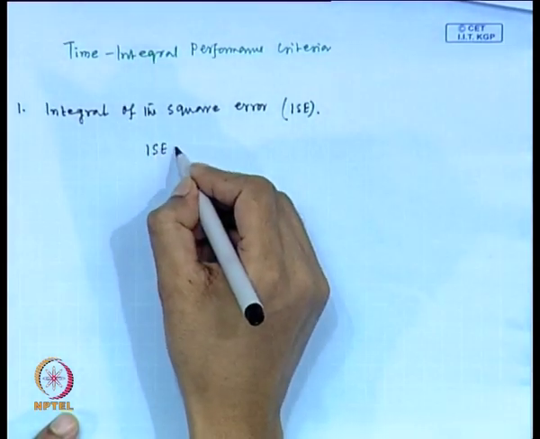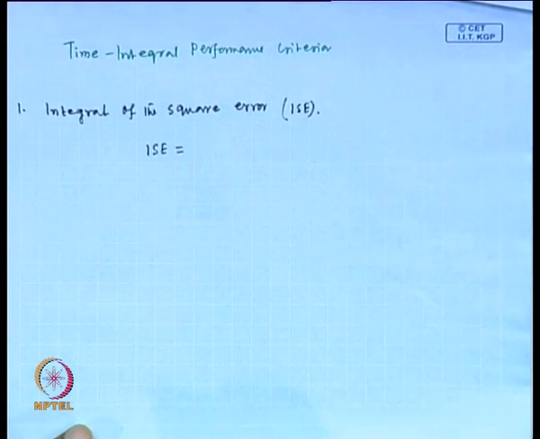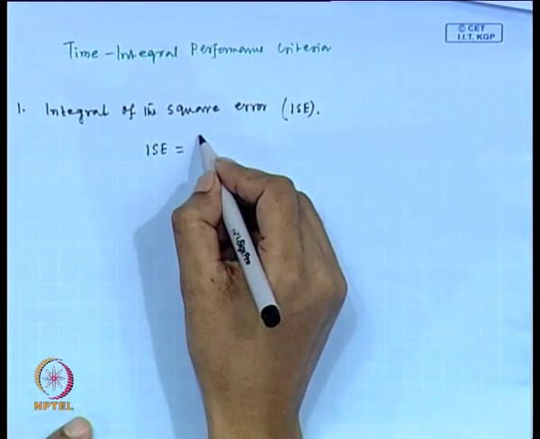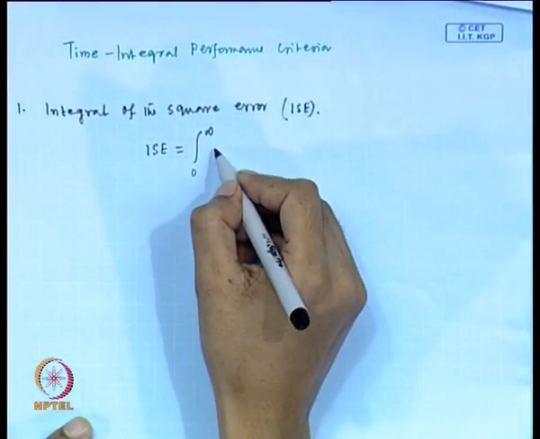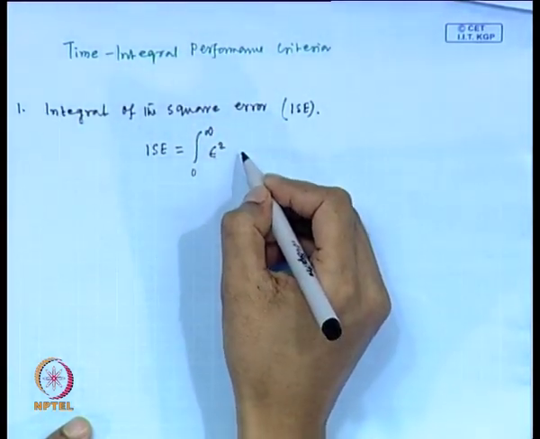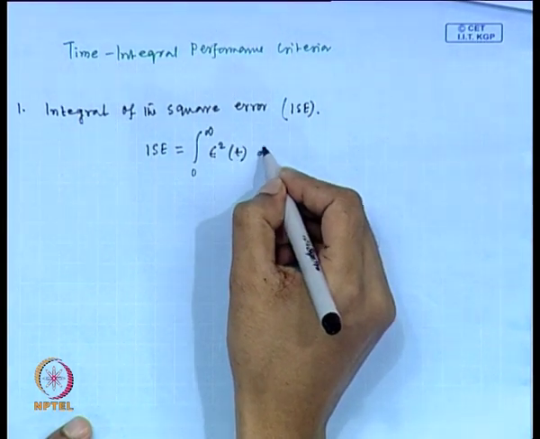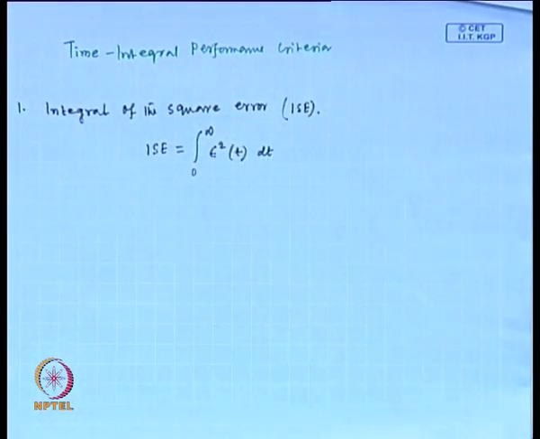It is represented as ISE equals integral from 0 to infinity of epsilon square t dt.